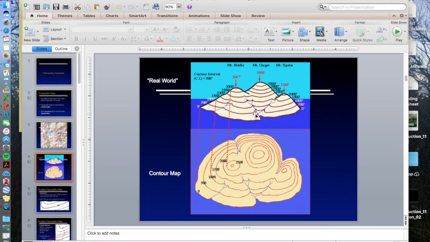We have that there, and 1,000, 1,500, and so on, and those correlate to our contour maps. Again, we would be looking at a bird's eye view of this island so we can see the elevation of it. And so we're creating a bird's eye view with contours representing elevation.